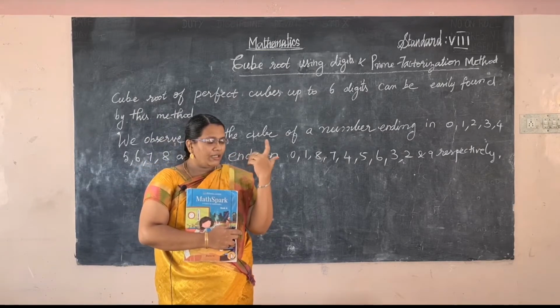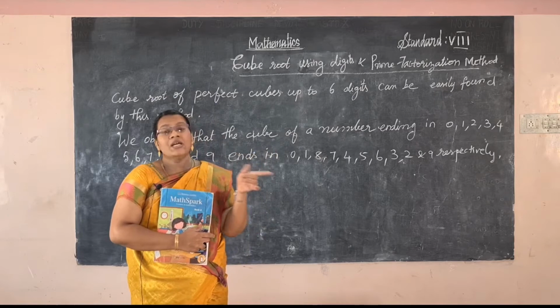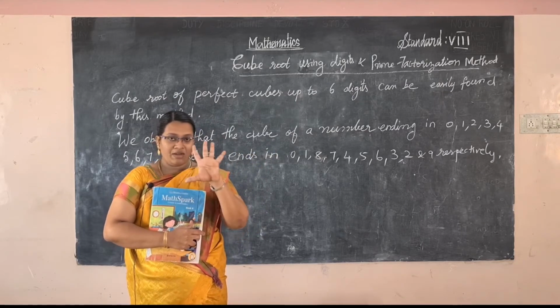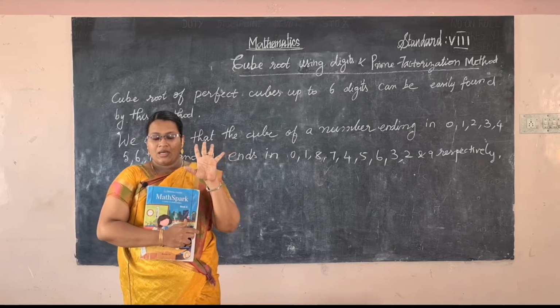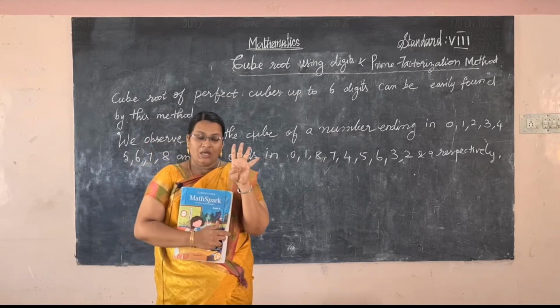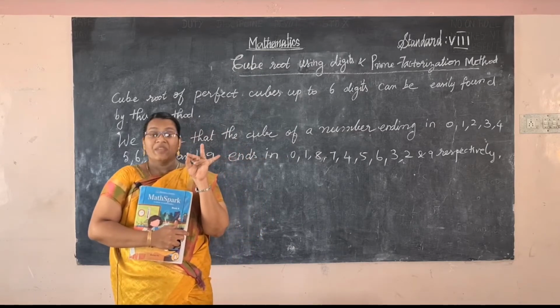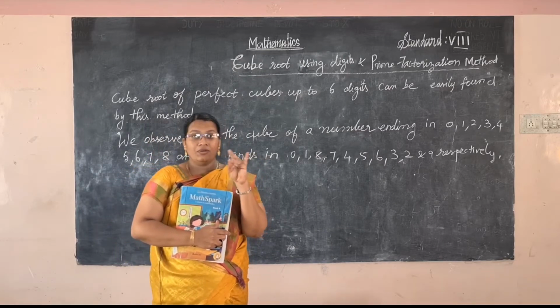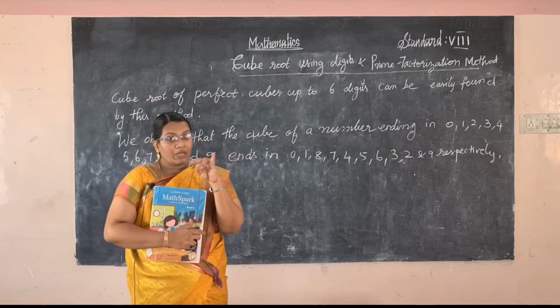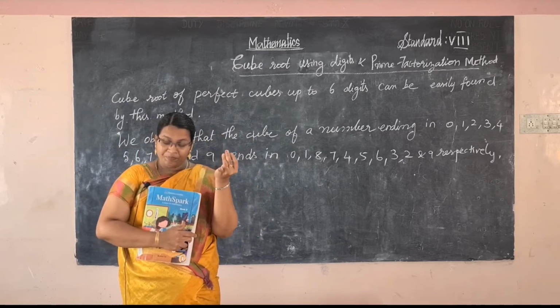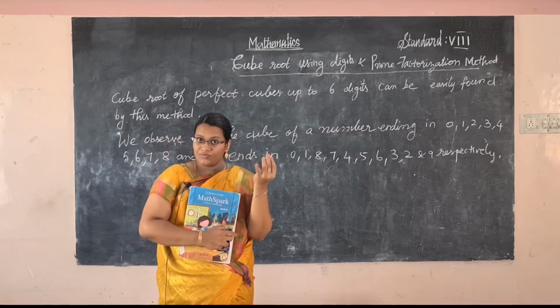Another important concept we learned is the properties of cubes. You have learned 5 properties. First, the cube of an odd number is odd; the cube of an even number is even; and the cube of a negative integer is negative. The fourth is that the cube of a rational number is equal to the cube of the numerator divided by the cube of the denominator.